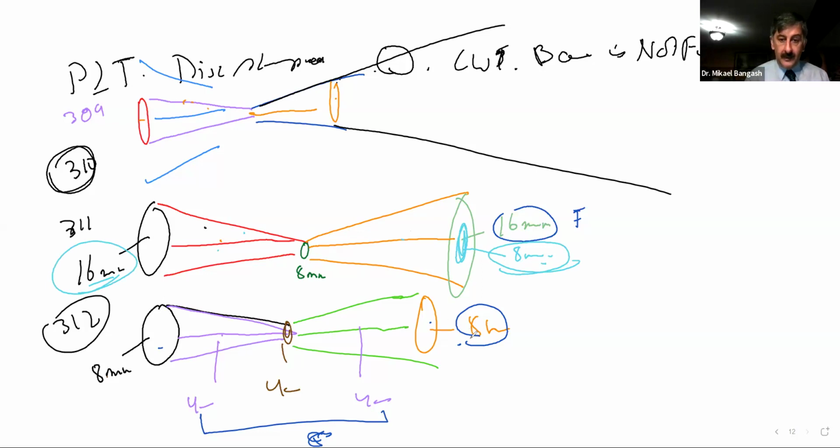In this case, we have a beam diameter of 8 millimeters if our PCT was 8 millimeters, at twice the focal depth. That becomes true.